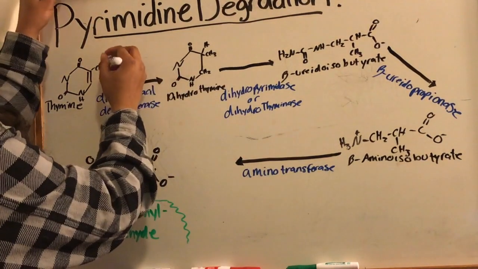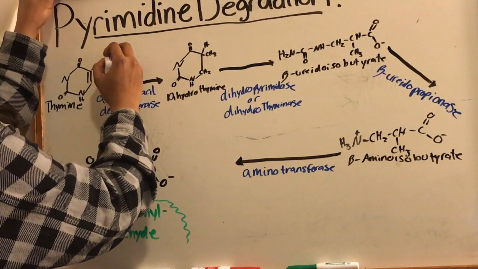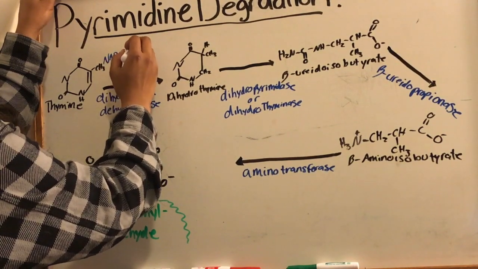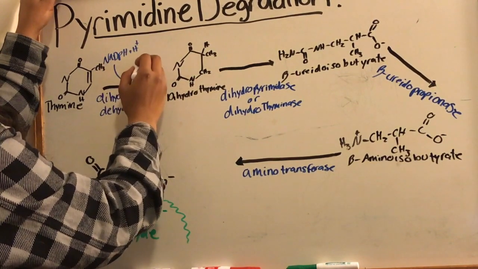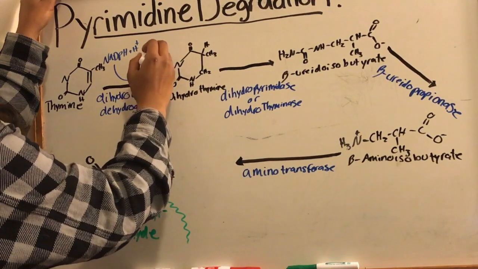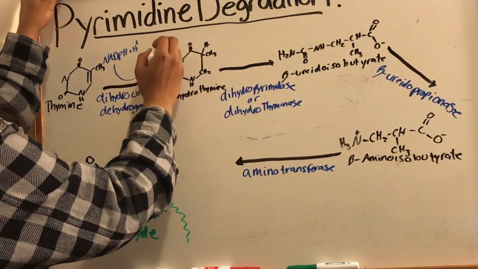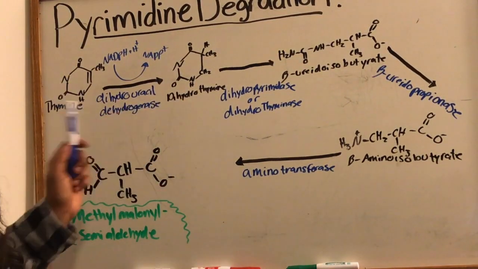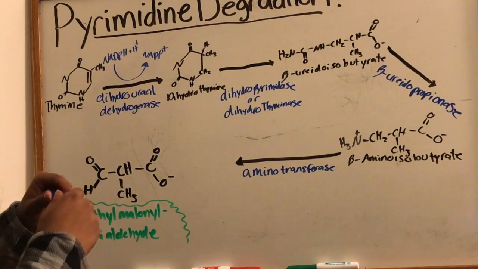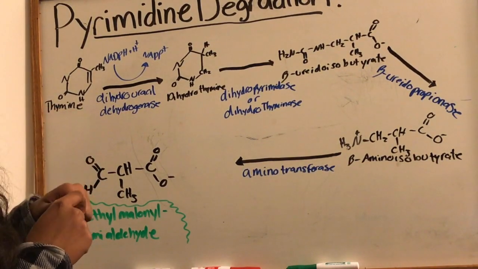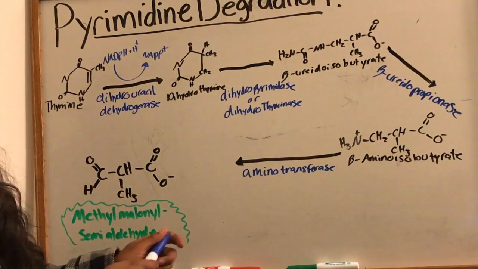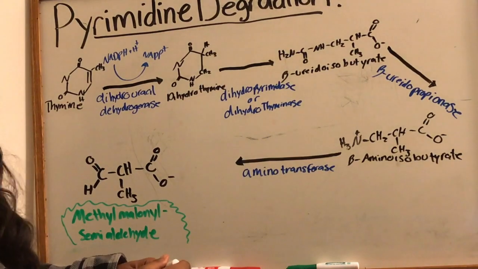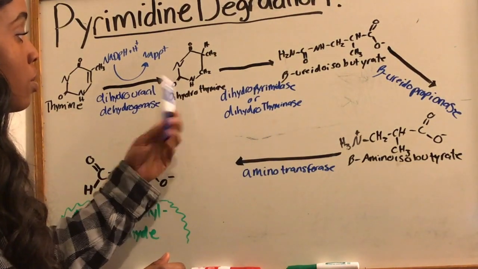That is going to be coupled with the oxidation of NADPH to NADP+, and that's going to form dihydrothymine, and that is going to be hydrolyzed in the presence of dihydropyrimidase or dihydrothyminase, depending on the pyrimidine that's being used.